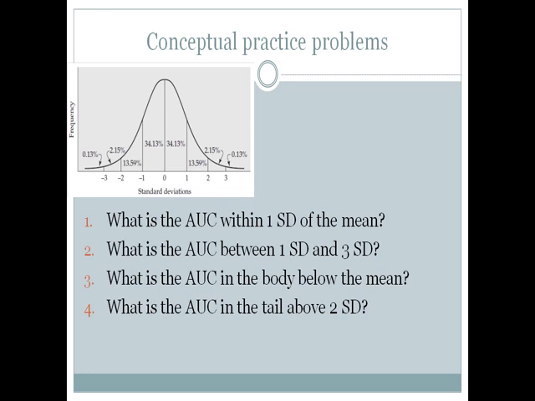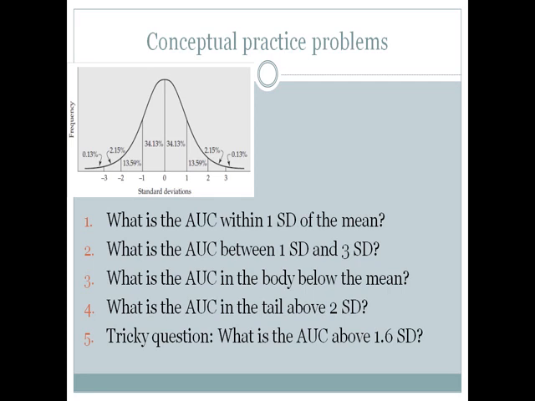What about this question? What is the area under the curve above 1.6 standard deviations? It's a tricky question, because if you followed along with 1 through 4, you know that it's probably an easy way to do question number 5, but using the table or the graphic we have here, we can't do that.